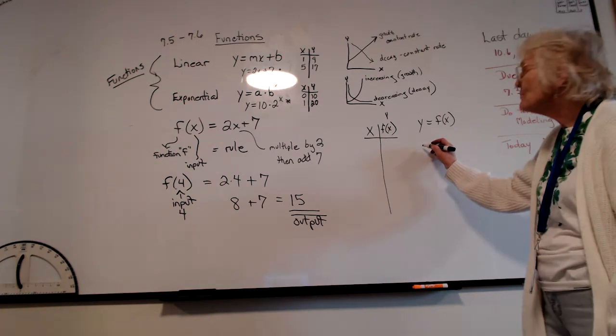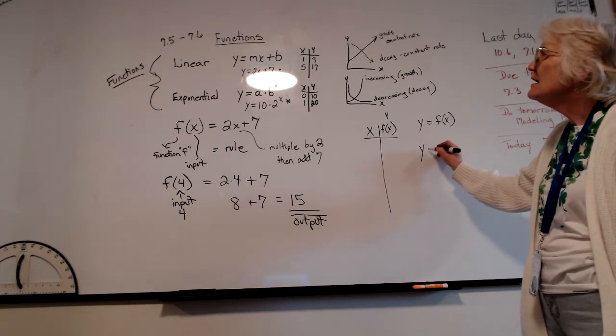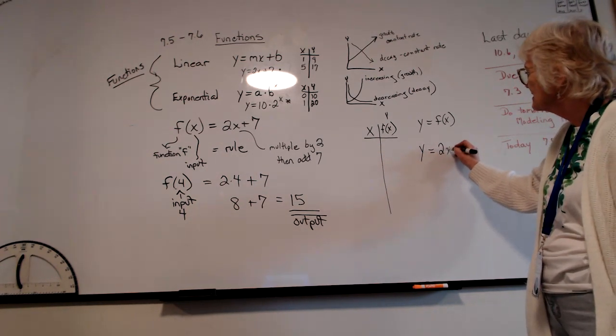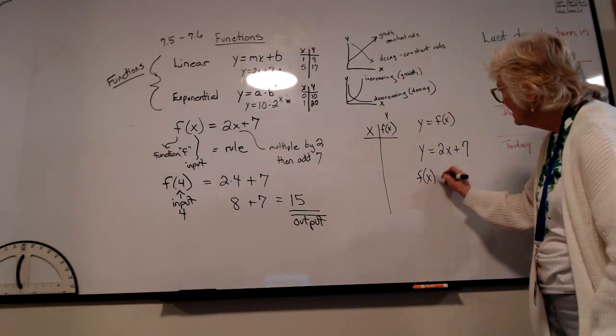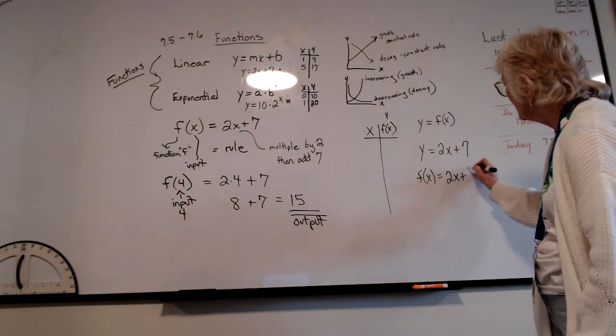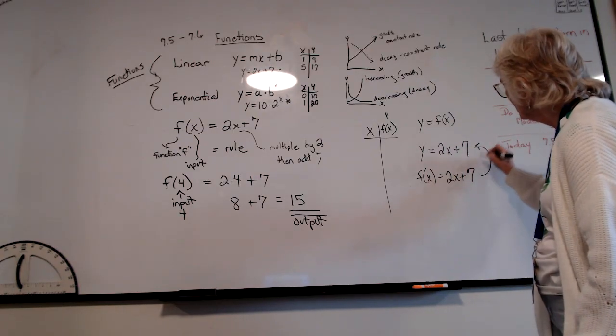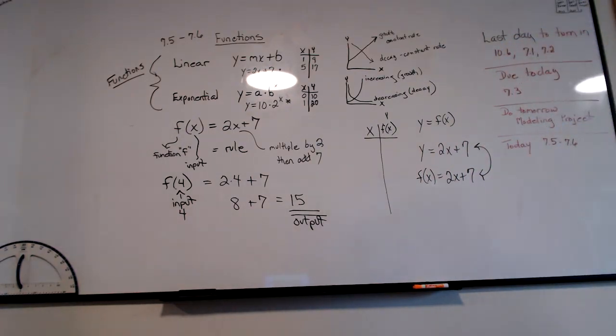You can change it back into y equals 2x plus 7, and f of x equals 2x plus 7. I don't care. They mean the same thing, because one is just in a different notation than the other one.